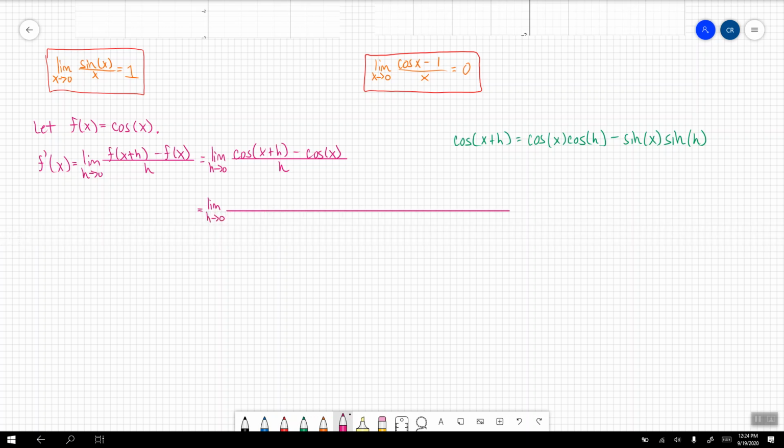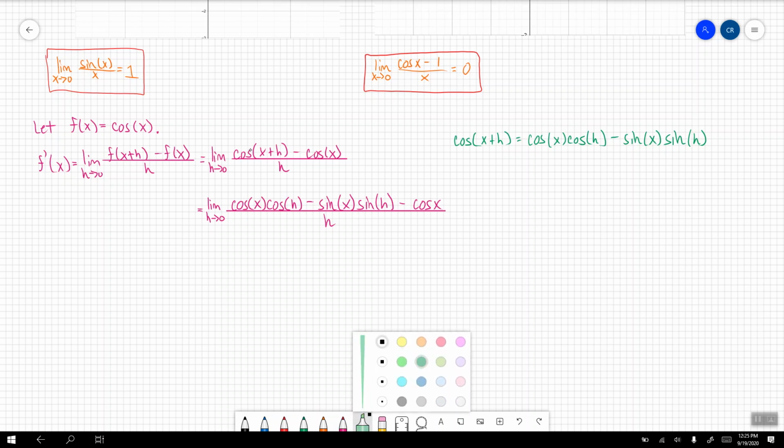Okay, so here what I'm going to have is cosine of x times cosine of h minus sine of x times sine of h, and that's all minus cosine of x. All this is still divided by h.